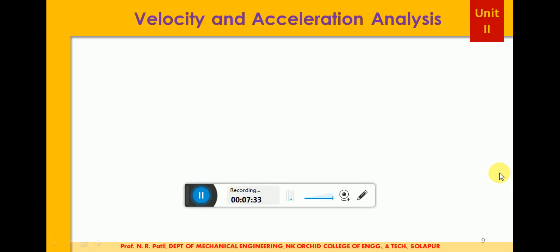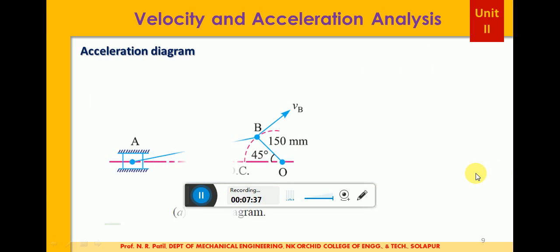For the acceleration diagram, I have again shown the configuration diagram because it is needed. Before we draw this, let us first discuss acceleration. Acceleration of B with respect to O would have two components, as I already told you. But since alpha is not given, it will have only one component, the centripetal component of acceleration.